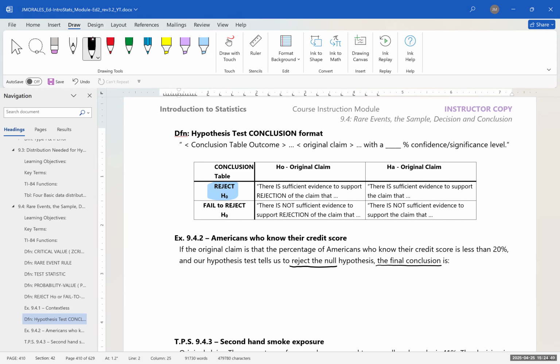Let's read this a little more carefully. It says the original claim is that the percentage of Americans who know their credit score is less than 20%.